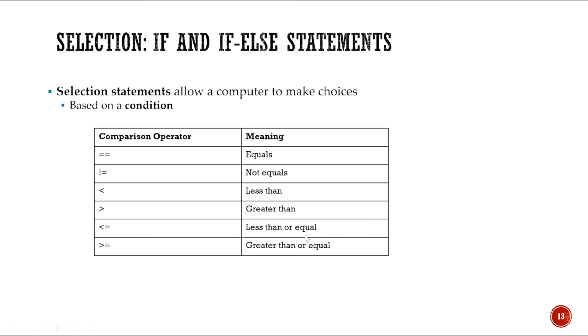So here in this table, you can see the comparison operators and their meaning. Two equal signs mean equal. Exclamation mark equal sign means not equal. So if you want to say if A is not equal to 3, then you use the exclamation mark. Then you have less than, greater than, less than or equal, or greater than or equal signs here.